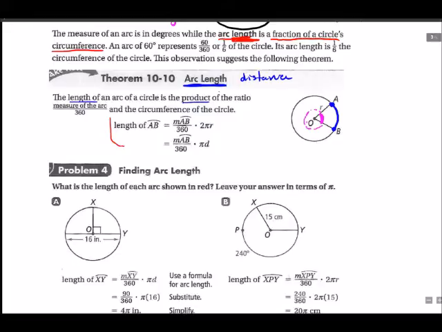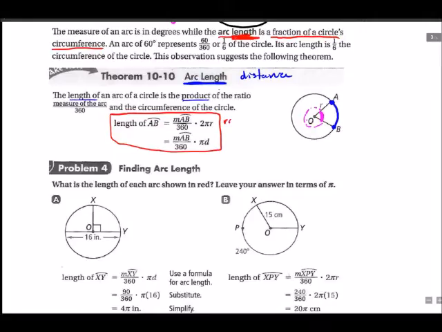So look at our equations here. We have the measure of our arc, that's our angle measure, over 360 times our circumference.